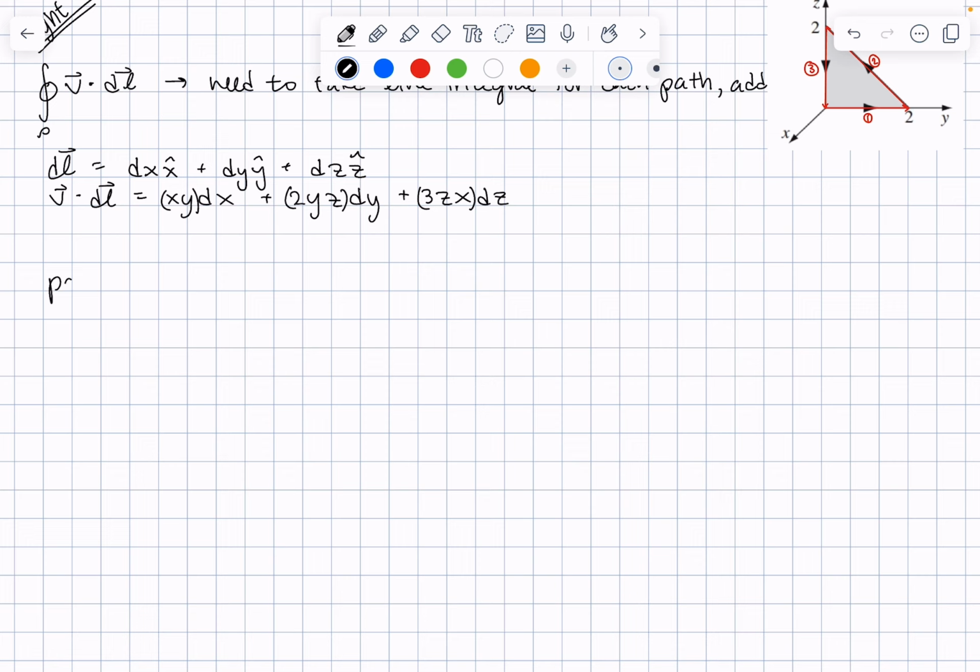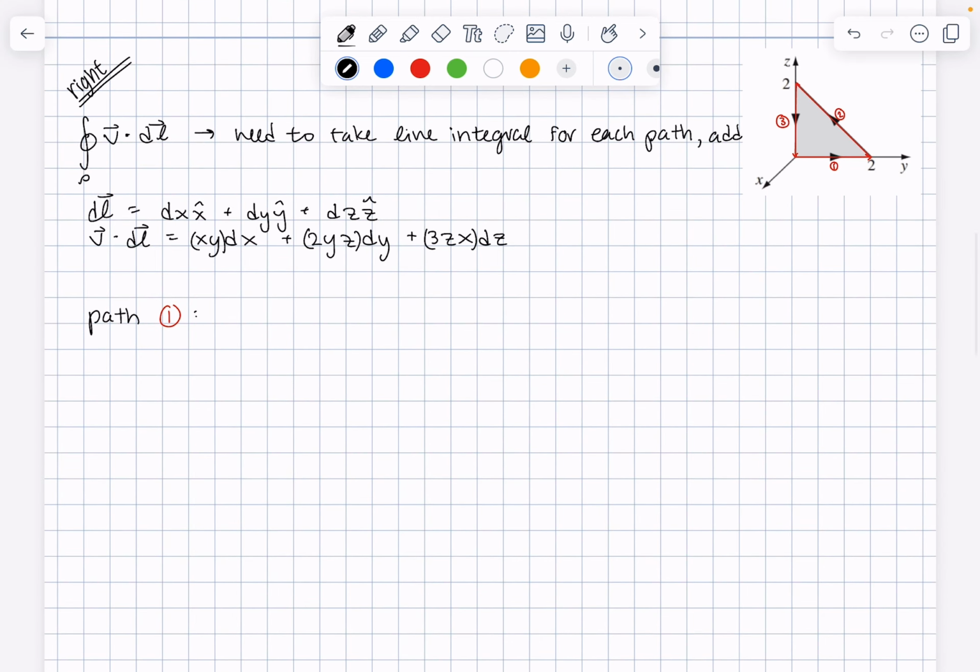So our first path is going to take us, let's look at our diagram, it'll go from 0, 0, 0 to 0, 2, 0. So you can see just from this right here that our x and our z are not going to be changing. X and z are constants, and they're both going to be equal to 0, which means that dx and dz are going to be equal to 0.